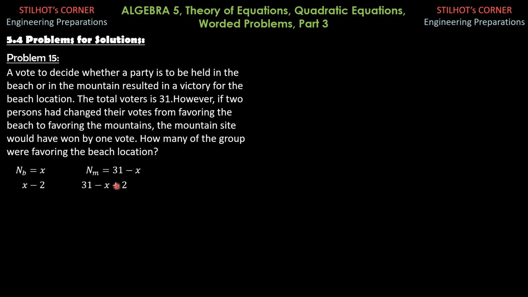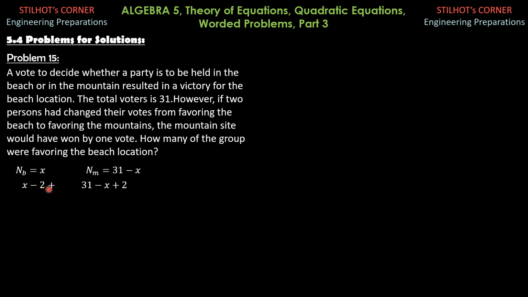These two numbers are not equal, and it is mentioned here that the mountain side would have won by one vote. So meaning to say the mountain side is 1 greater than the number of those in the beach equation after we subtract 2. So for these two to be equal, we should add 1 here so that they are now equal.